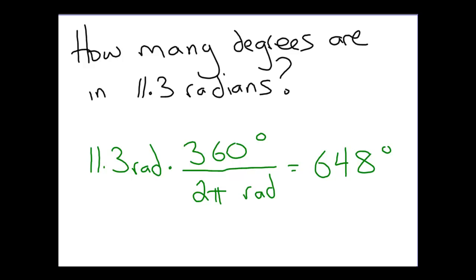So this is a very straightforward way to do things, and just for your own knowledge and use, some of the common angles that we're used to seeing in trigonometry can be expressed pretty easily in radians.